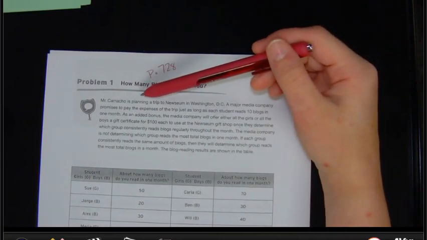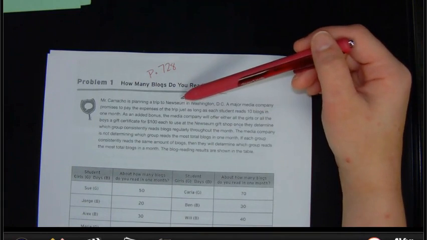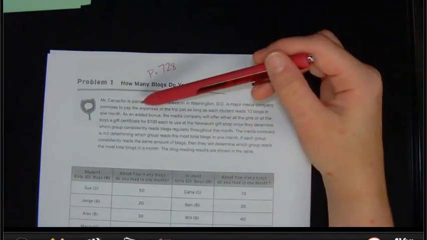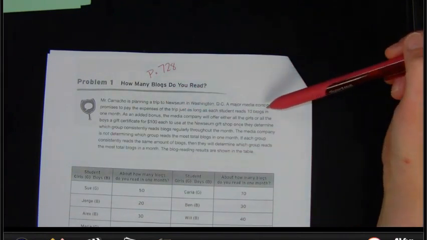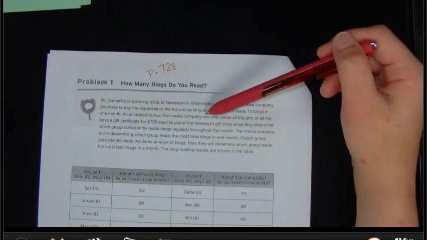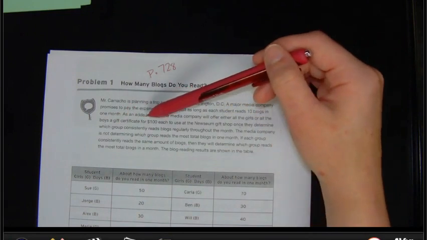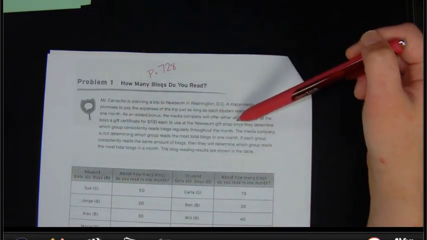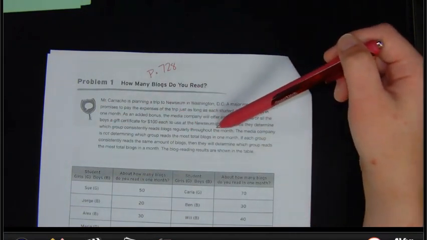Mr. Camacho is planning a trip to a museum in Washington, D.C. A major media company promises to pay the expenses of the trip just as long as each student reads 10 blogs in 1 month. As an added bonus, the media company will offer either all the girls or all the boys a gift certificate for $100 each to use at the museum gift shop once they determine which group consistently reads blogs regularly throughout the month.